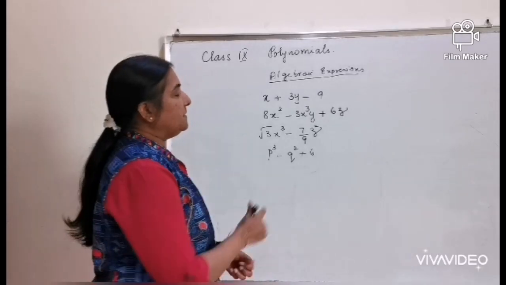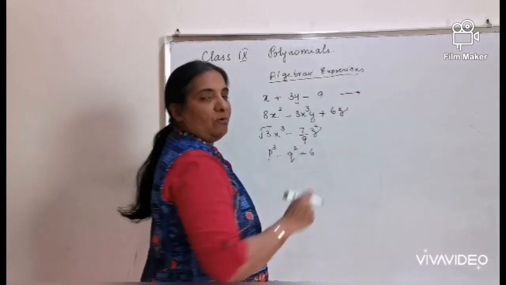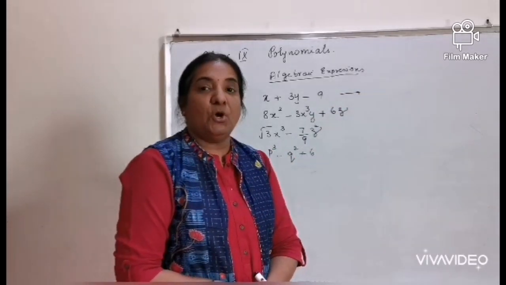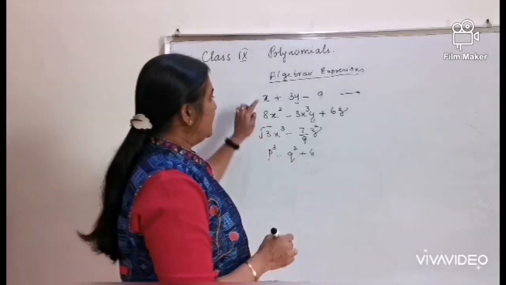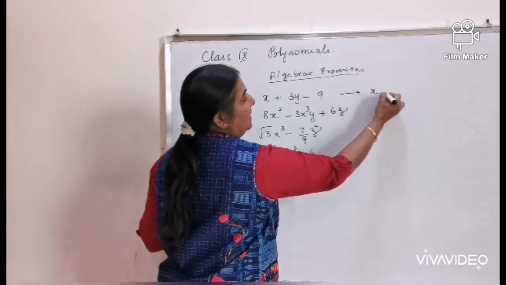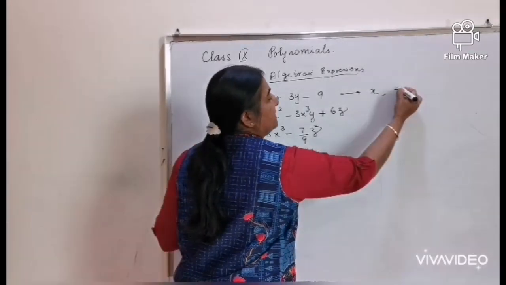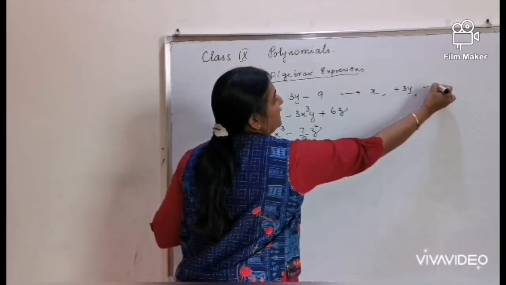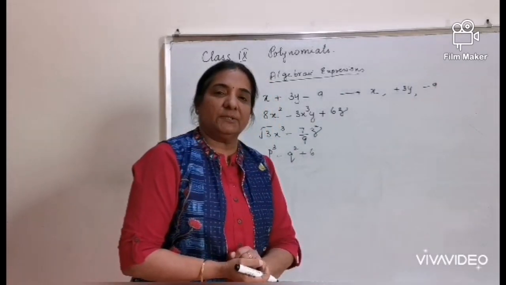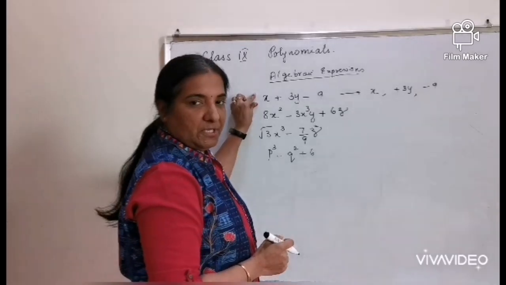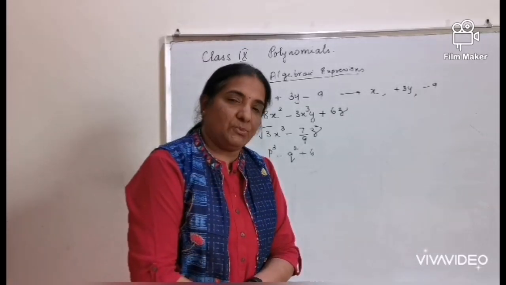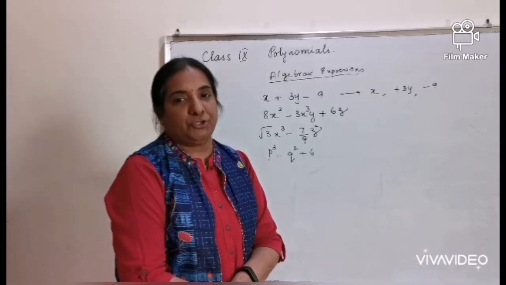Now, let me explain to you the basics of these algebraic expressions. What are the terms of this expression? The terms of this expression are x, plus 3y, and minus 9. When you group them, it becomes an expression. The terms have to be mentioned with the sign allotted to them.